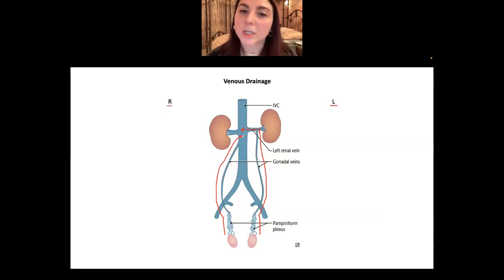Like what we talked about with renal, let's say you have a renal tumor blocking the renal vein on the left side, you're going to get backup on just the left side. That's called a varicocele. We'll talk about that. I have a slide on that. You're going to get a question on varicocele, 100%. And the question will be, what side is it more common on?